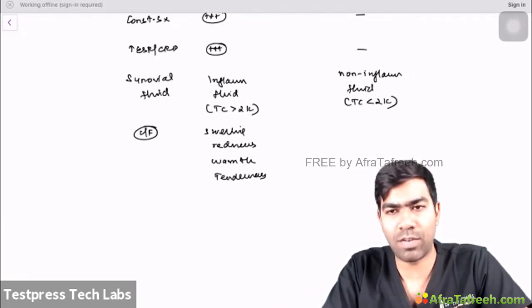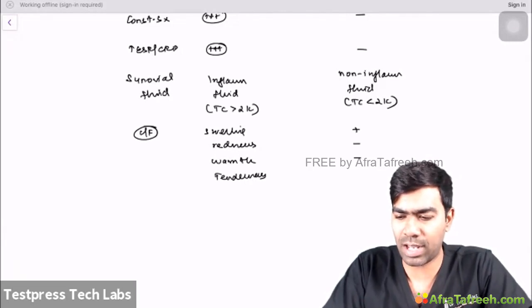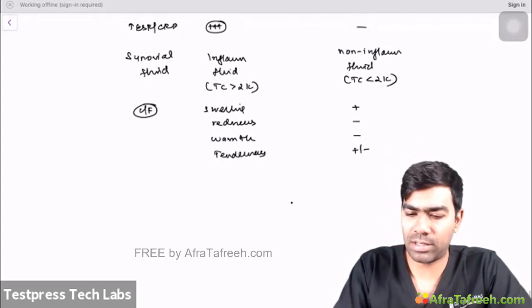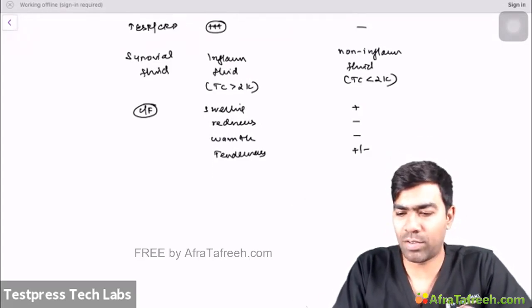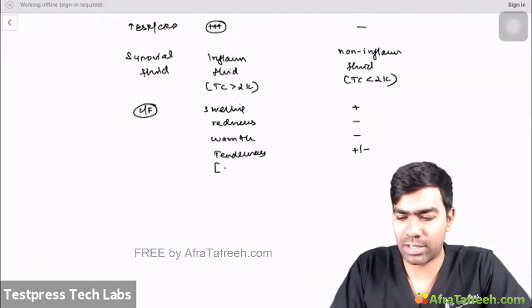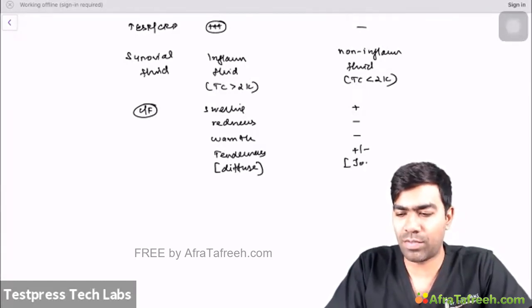In a non-inflammatory arthritis, you might get swelling, but redness is rare, warmth is rare, tenderness possible. But remember, tenderness in inflammatory arthritis and non-inflammatory arthritis is a little different. In inflammatory arthritis, it is more diffuse around the joint. Whereas in non-inflammatory arthritis, you will typically have joint line tenderness.